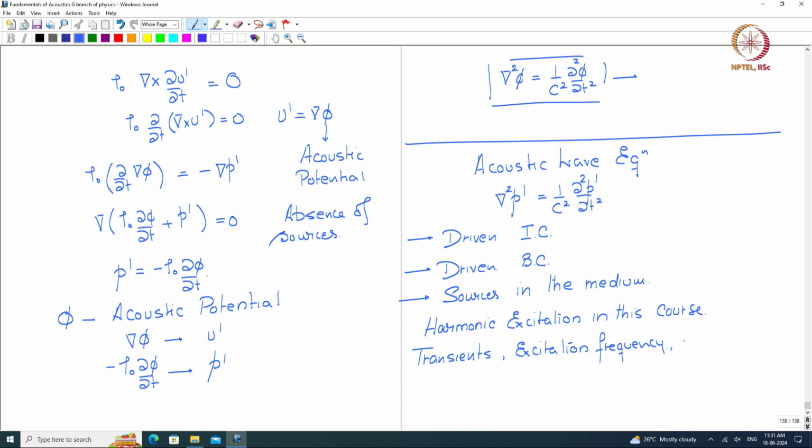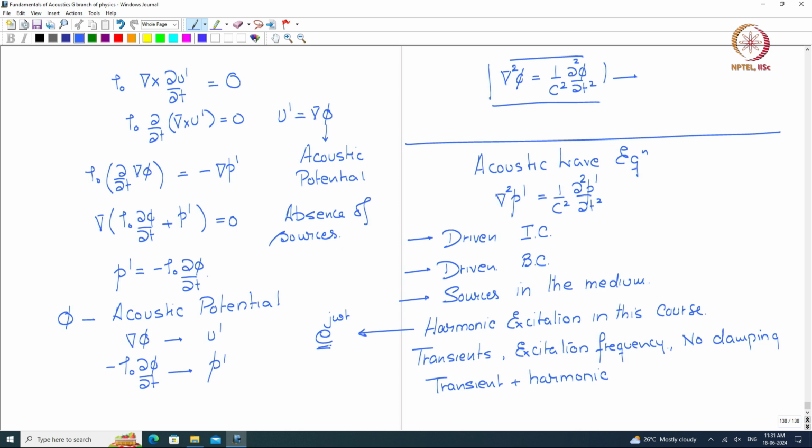And if there is no damping in the system, then both transient sound and harmonic sound will continue. Harmonic being single frequency excitation. When I mean harmonic, I mean e to the power of j omega t, which we have been seeing.